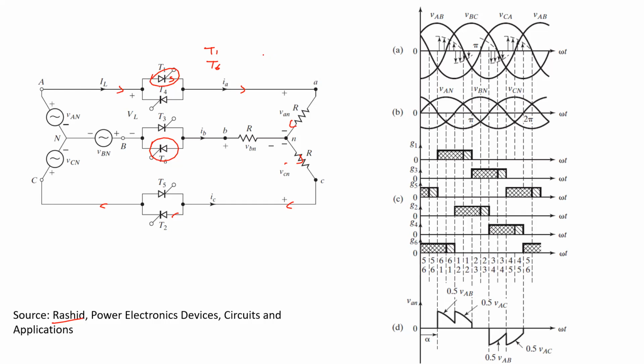So our circuit diagram will be something like this. You have the source here, and your voltages will build up.